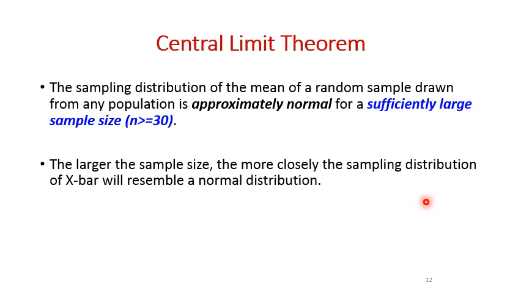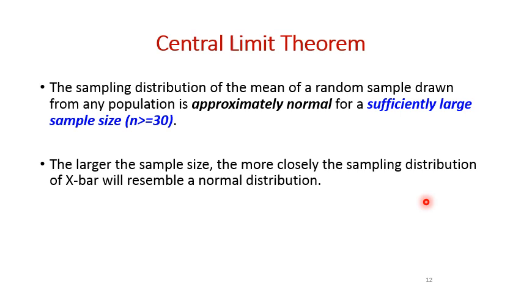Now we will talk about the central limit theorem. The central limit theorem will give us more details about the sampling distribution of the sample mean. According to the central limit theorem, the sampling distribution of the mean of a random sample drawn from any population is approximately normal for a large sample size.